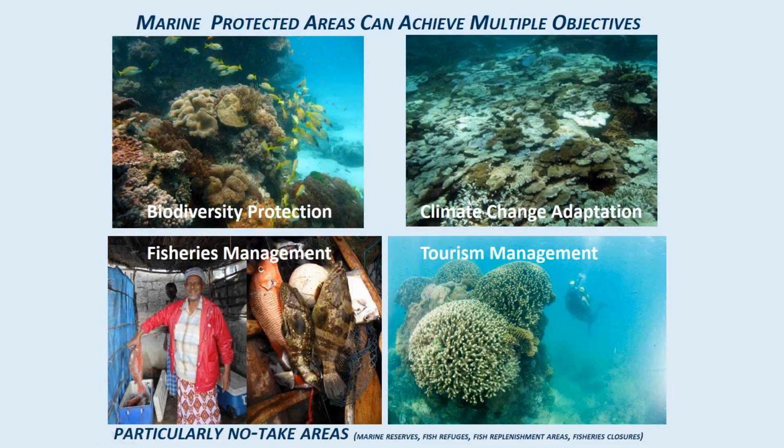I often call them marine reserves. Other places call them fish refuges. But essentially, they're areas where you can't take anything out of the area. And what I'm going to do today is actually focus my talk explicitly on these No-take Areas because they are so powerful, and hopefully show you why they're so useful and how we can design them better.